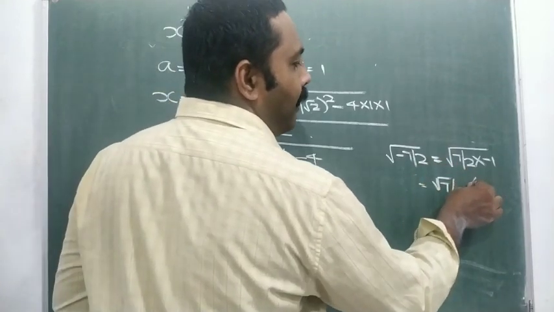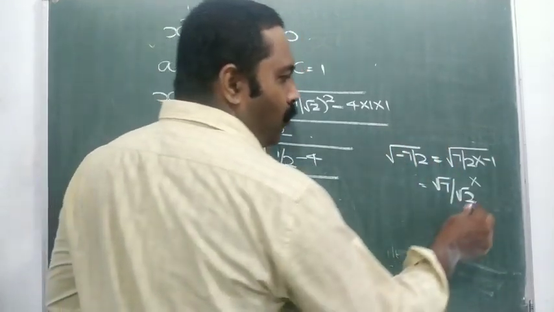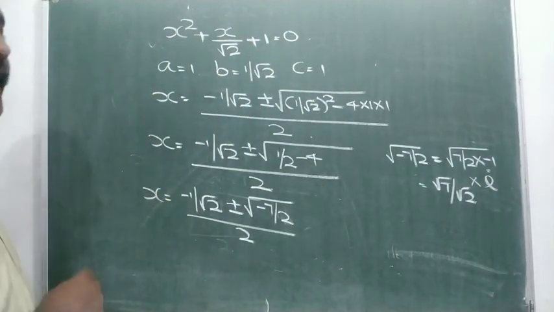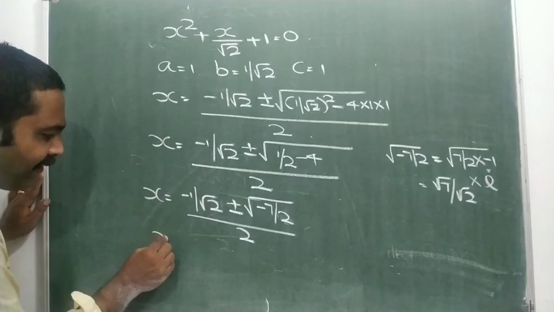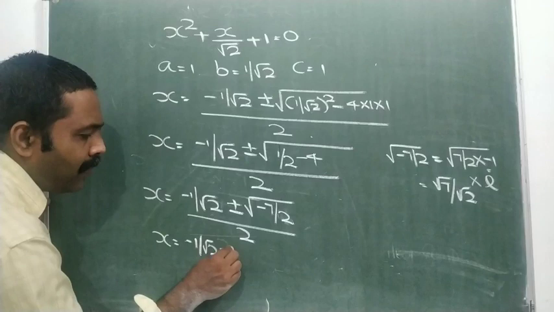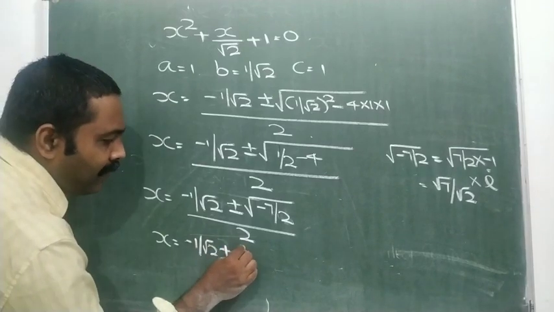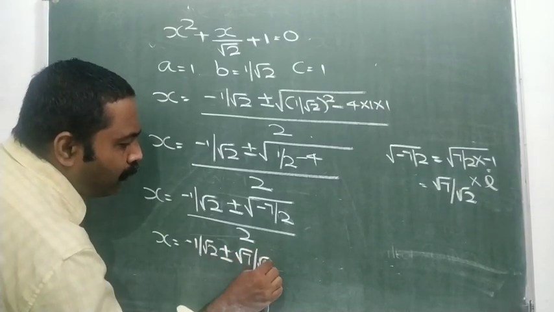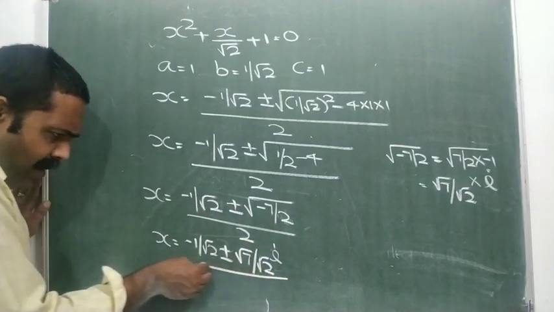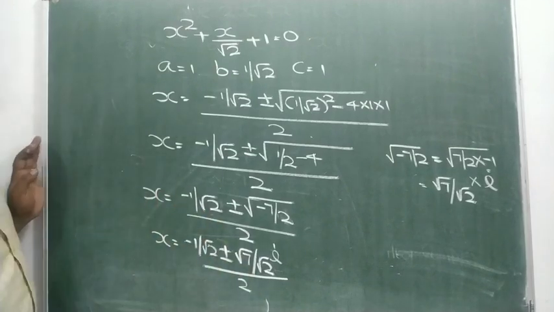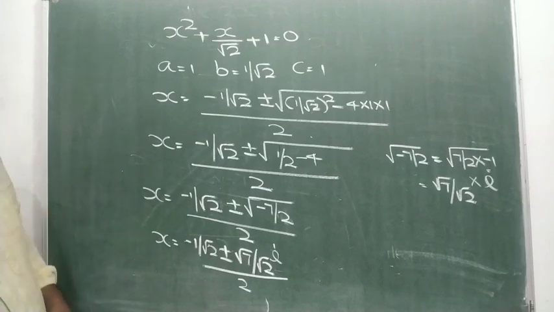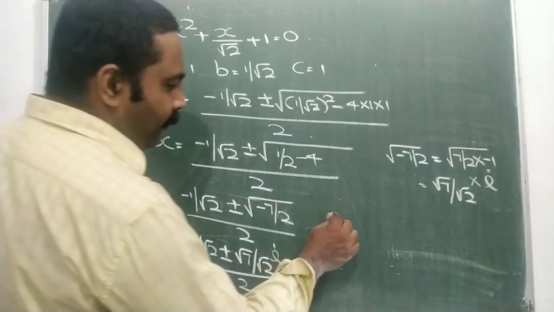Root 7 by root 2 into root minus 1, which is i. That is x is equal to minus 1 by root 2 plus or minus root 7 by root 2 i, whole divided by 2.